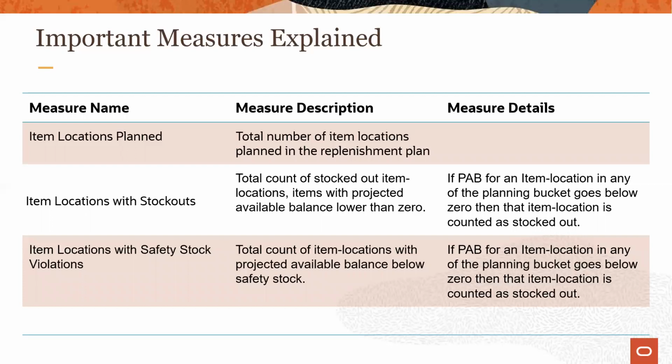Items with projected available balance lower than zero are called item locations with stockouts. Item location with safety stock violation provides count of total item locations where the projected available balance has gone below safety stock.